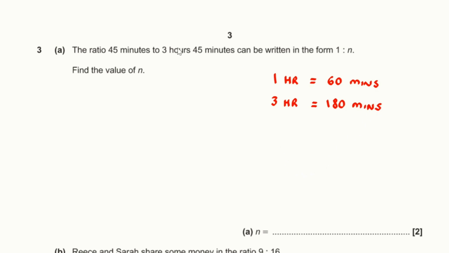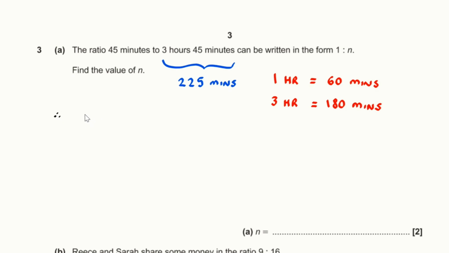And so in 3 hours 45 minutes, the total number of minutes, we've got 3 hours, which is 180 minutes, plus 45 minutes. We have 225 minutes.